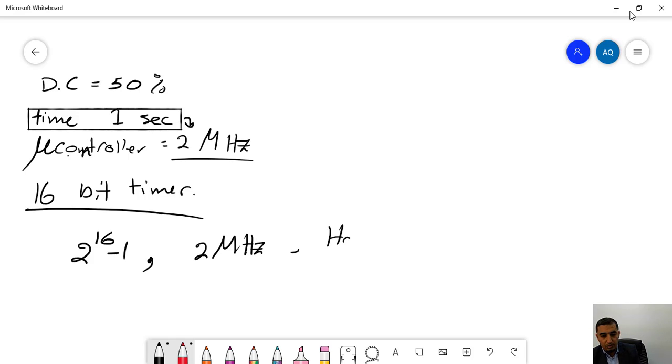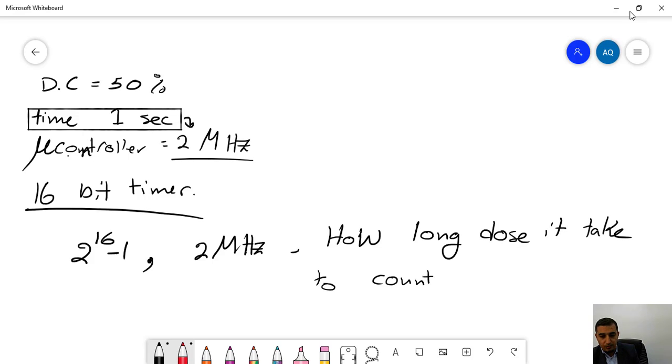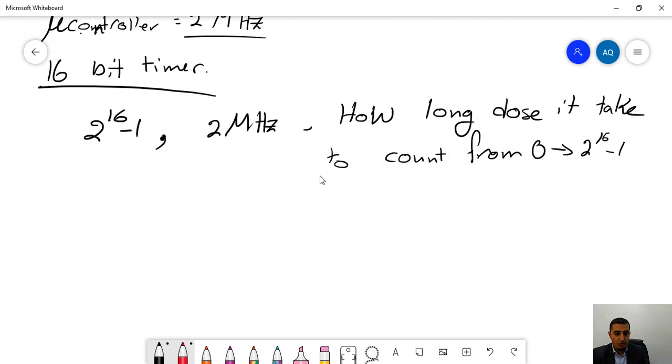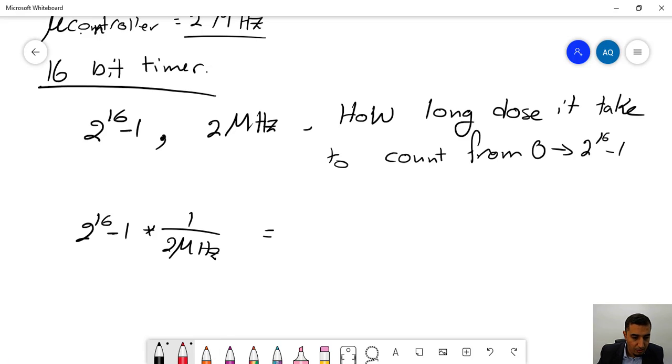So how long does it take to count from 0 to 2 to the power 16 minus 1? In order to do that, we need to do 2 to the power 16 minus 1 multiplied by 1 over 2 megahertz. My calculator is not here, so we will do it together on the computer.